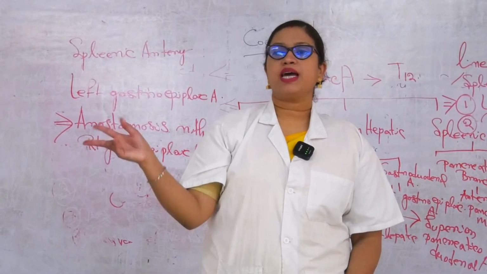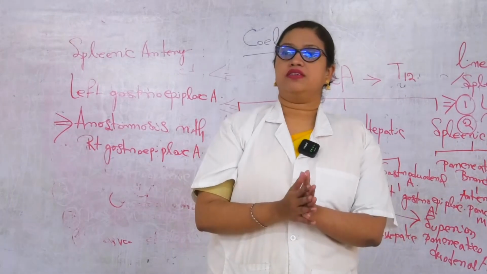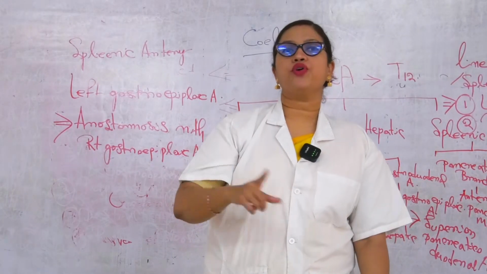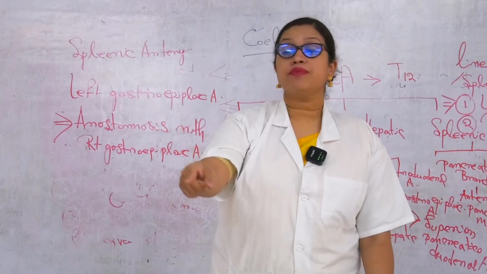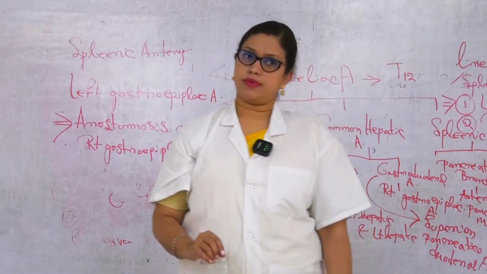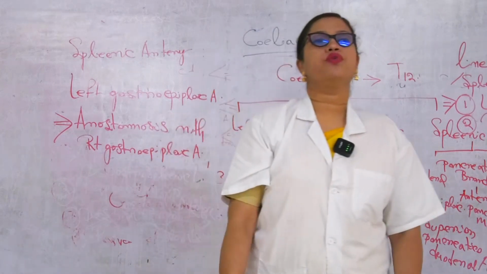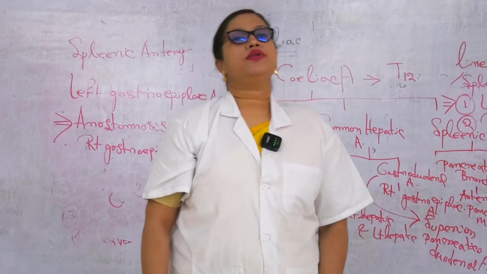Did you get it? So this is the anastomosis between the foregut and midgut. Okay, and where is the inferior pancreaticoduodenal artery giving supply? It will also supply the foregut. A question can come on this too. Okay, the inferior pancreaticoduodenal artery also supplies the foregut.